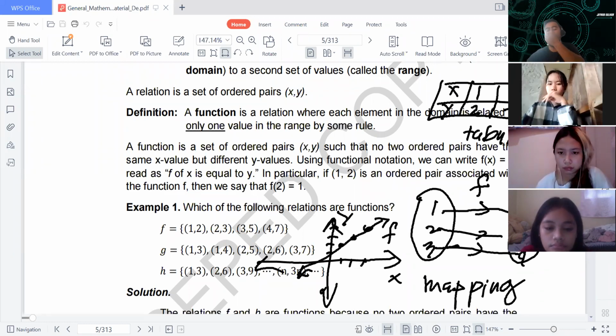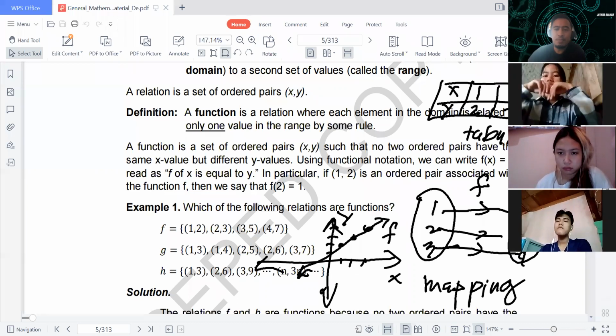Next, set of ordered pairs. Yes, it can also be represented by a set of ordered pairs. So you have f is equal to 1, 2; 2, 3; and 3, 4.